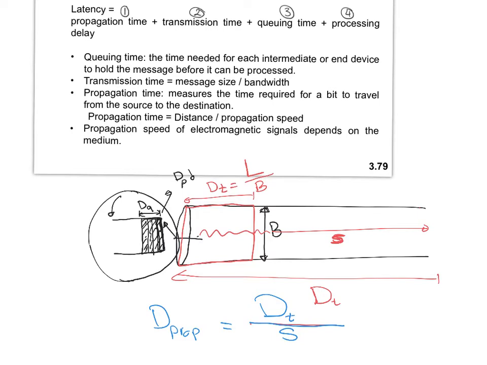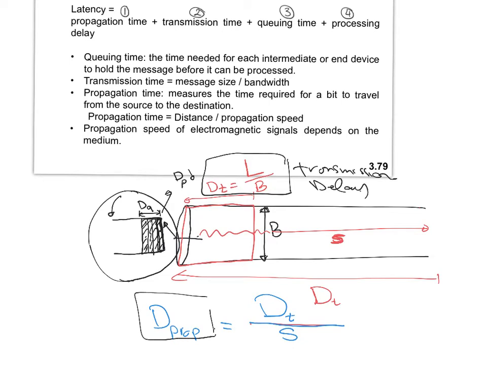So the only two components that are deterministically calculated are the transmission latency or delay and the propagation delay.